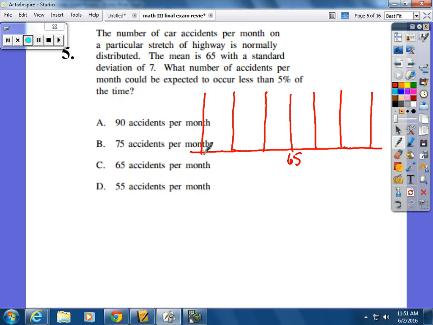So the standard deviation is 7. So this is 72, 79, and 86. And then we go down to 58, 51, and 44. Now our percentages, 2.35, 13.5, 34, 34.